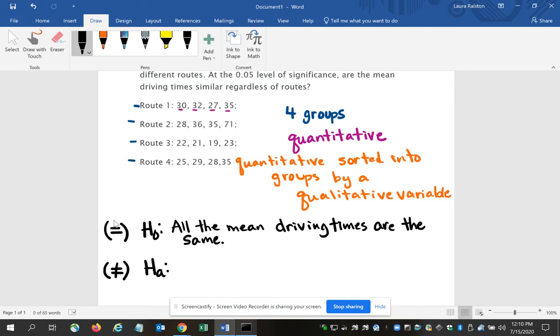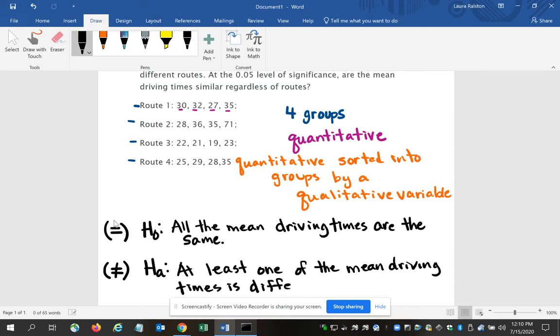The alternative is at least one of the mean driving times is different. Or you could say is not the same.